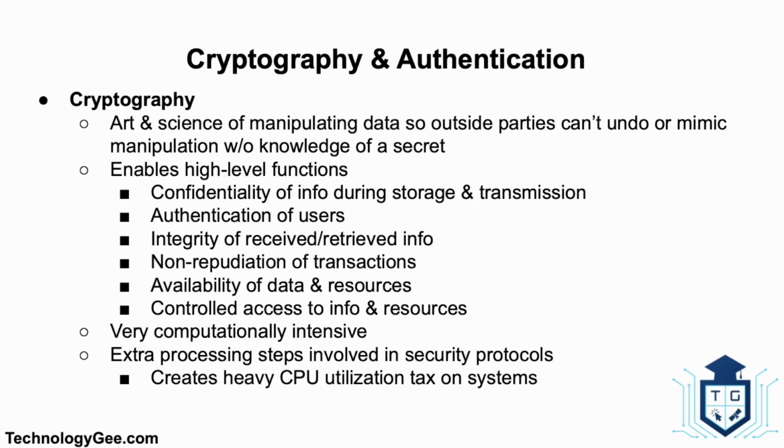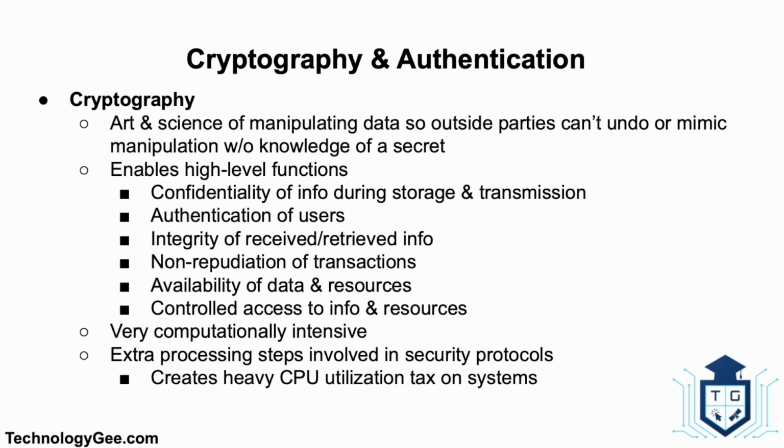Next, we have cryptography and authentication. So cryptography is the art and science of manipulating data so that outside parties cannot undo or mimic the manipulation without knowledge of a secret. It enables high-level functions such as confidentiality of information during storage and transmission, authentication of users, integrity of retrieved information, non-repudiation of transactions, availability of data and resources, and controlled access to information and resources.